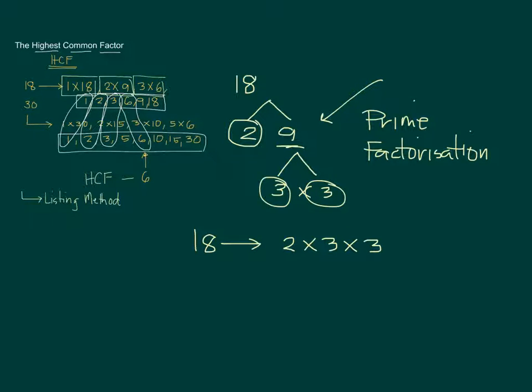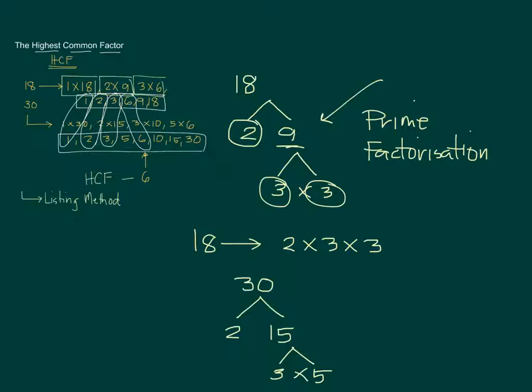Okay, let's leave that for the meantime and work on the second number, which is 30. We'll apply the same process. I know 30 is an even number, so I break that into 2 times something, which is actually 2 times 15. And then break 15 into 2 factors, 3 times 5.